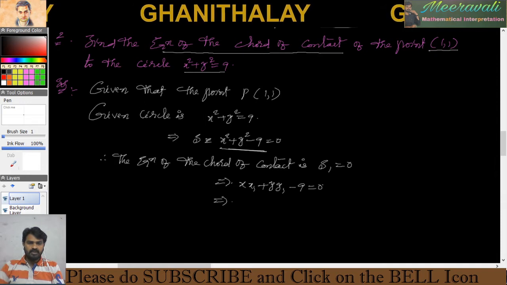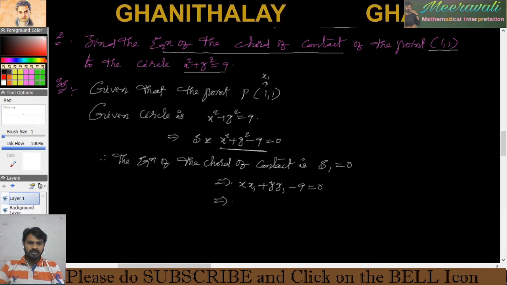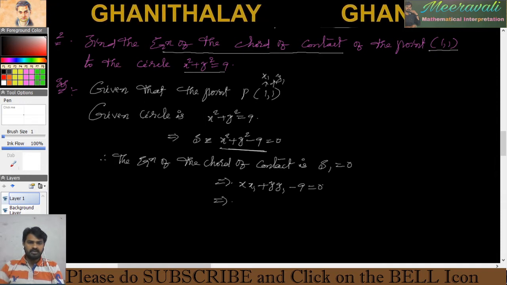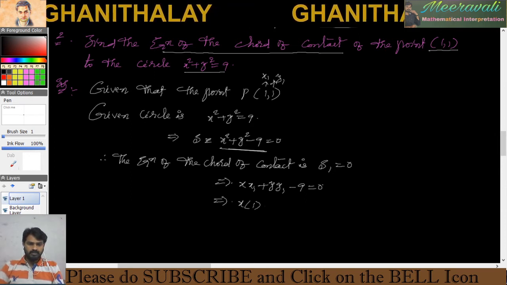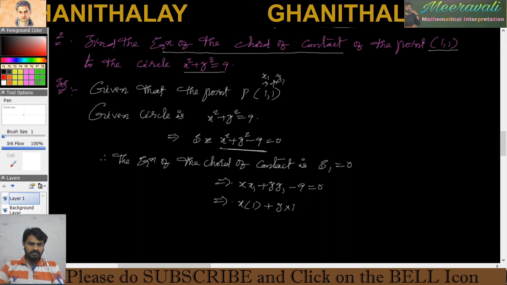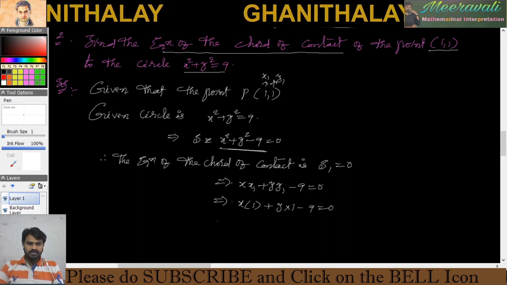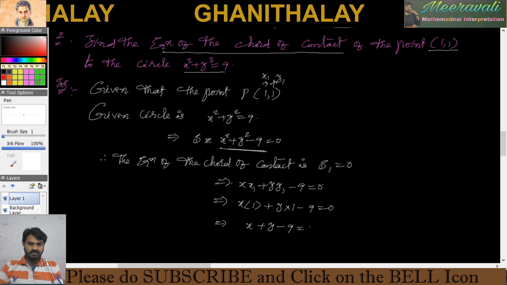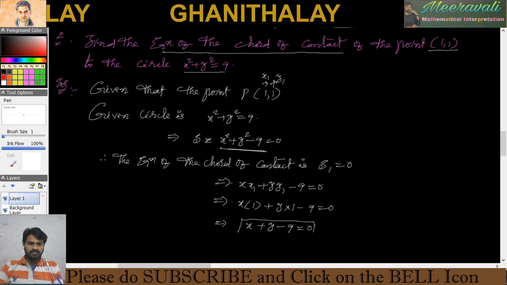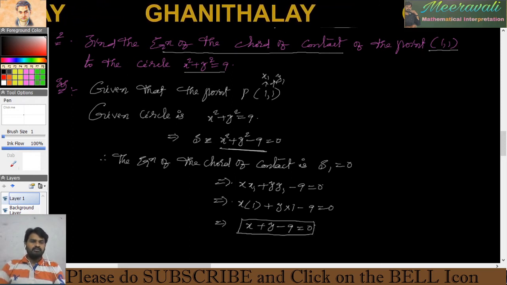Now x1 is 1 and y1 is 1. Put here x into 1 plus y into 1 minus 9 is equal to 0. That is x plus y minus 9 is equal to 0. So this is the chord of contact equation.